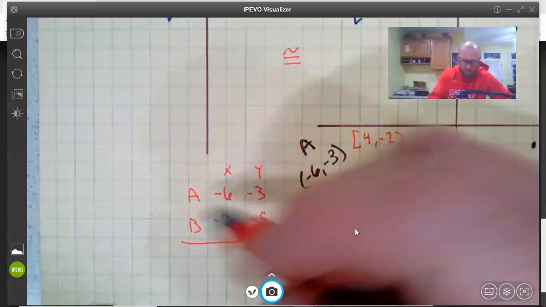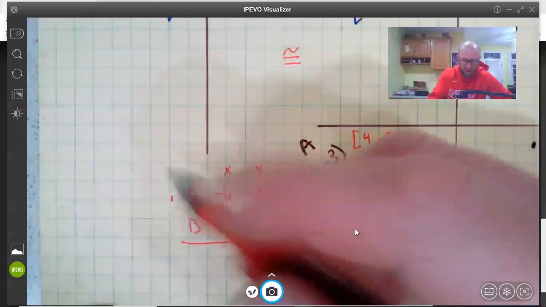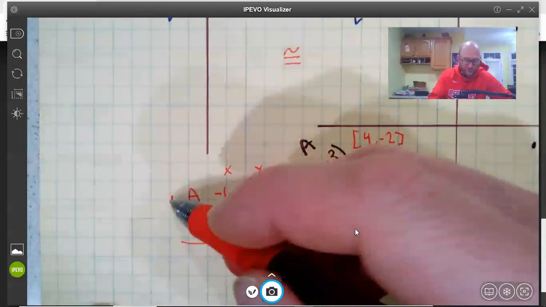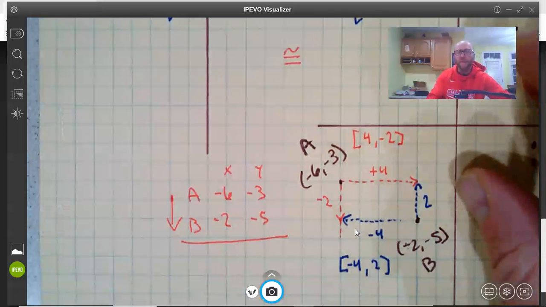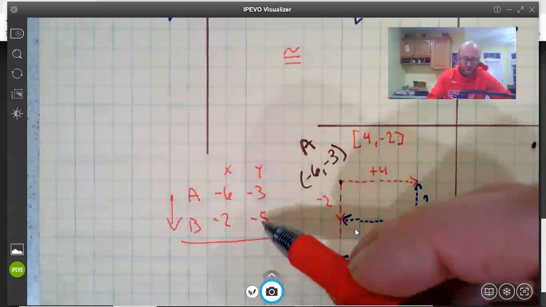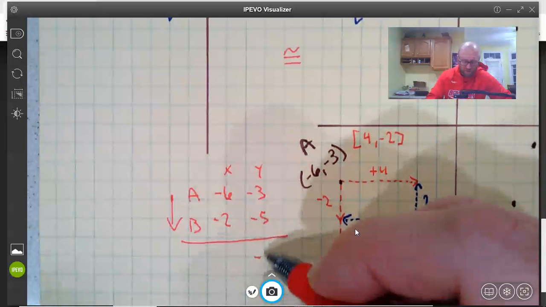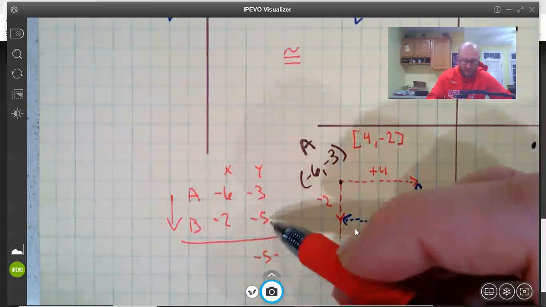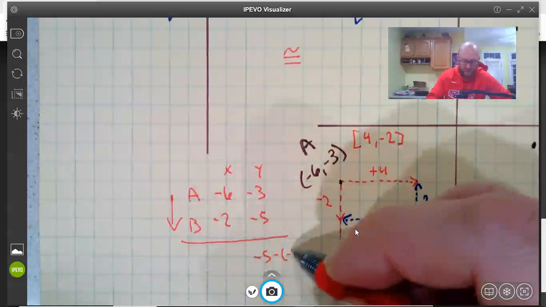Depending how you want to set this up, if I'm going from A to B, then it's always end minus start equals change. So I go -5 minus -3.